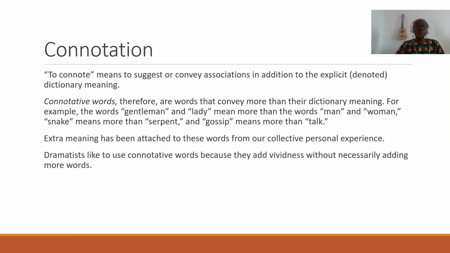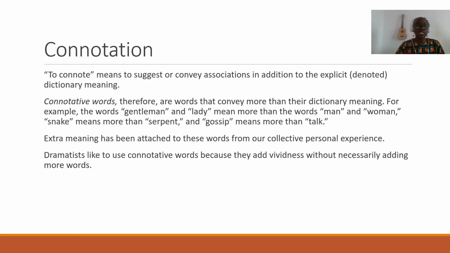And so when you use connotative words, it enriches the language and it gives us more meaning than the words we state mean. Like gentleman and lady, it means more than a man and a woman. Snake means more than a serpent.